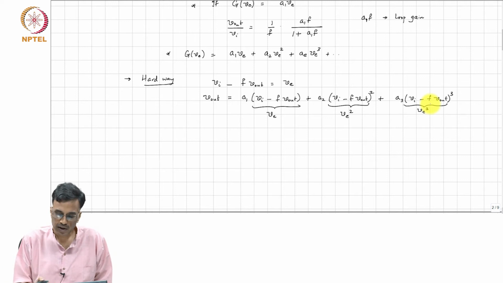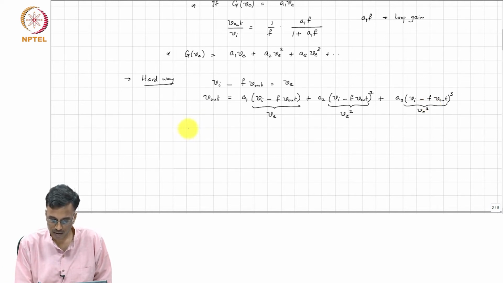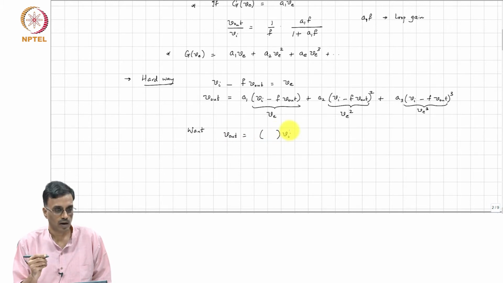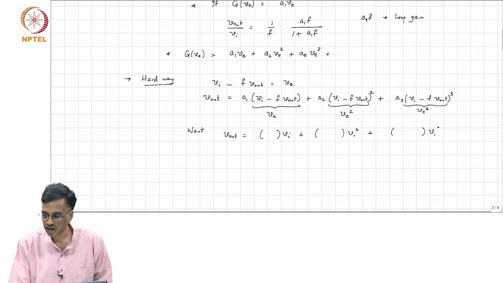Okay. What we are interested in is, we want V out to be of the form something into V I, plus something into V I square, plus something into V I cube.